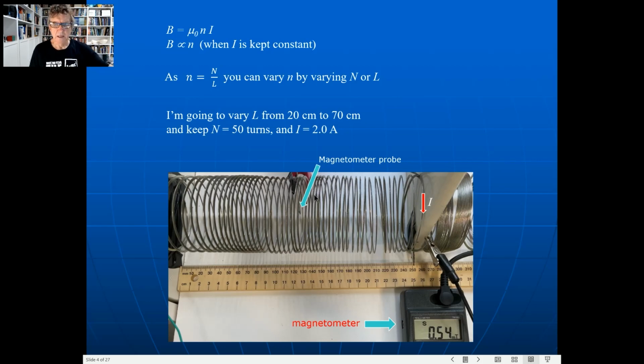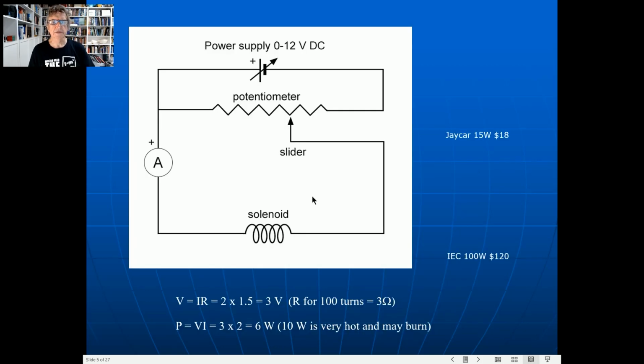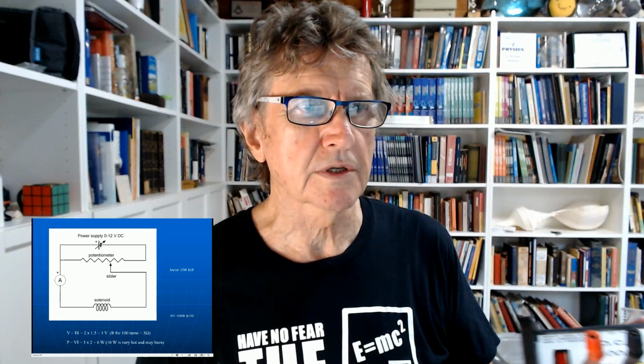Okay. Now here's the circuit I'm going to use. What I've got is the power supply. I'll just go back and show you some of these bits and pieces so you're familiar with what's going on. I'll change to this image so it's a bit easier.